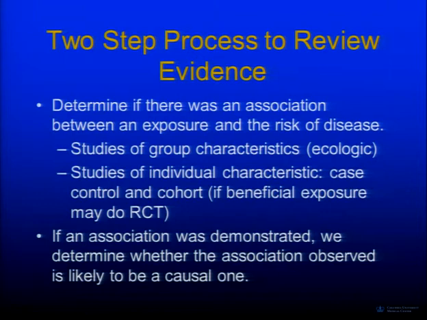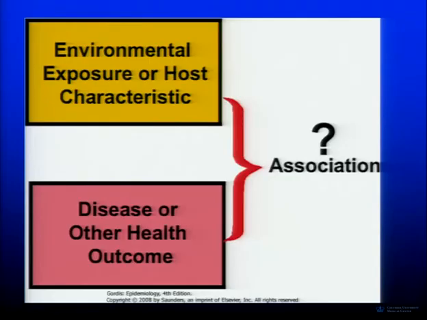Then once we see an association, or we don't, if we don't, we don't really care, but if we see an association, we want to then say, is this a causal association or not? And these 2 steps are shown graphically here, where you look at the environmental exposure or the host characteristic, what do they eat, what we're focusing on here, and then they look at disease or other health outcomes. And you want to know, are these 2 associated?